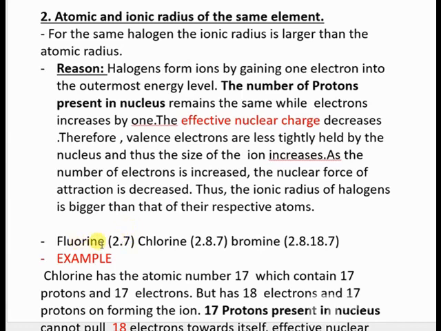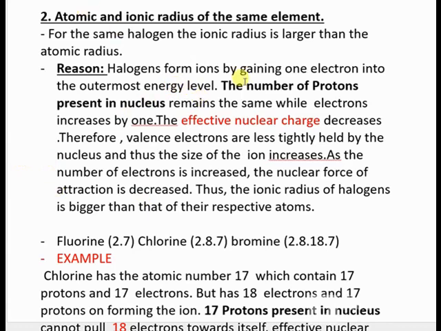Therefore, it will react by gaining 1 electron, and it gains a stability of 2, 8, 8. It requires a lot of energy to lose 7 electrons to have a stability of 2, 8. Therefore, it requires less energy to gain 1 electron to have the stability of 2, 8, 8. Therefore, halogens form ions by gaining 1 electron into the outermost energy level.